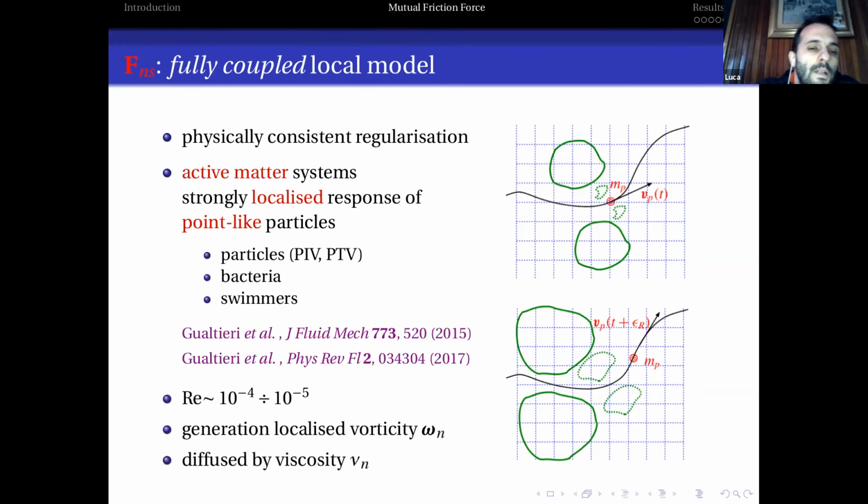As we have seen, the Reynolds number is very small, and the main physical phenomenon on which it is based is the fact that the localized vorticity generated by the moving vortices is then diffused by viscosity, in a natural way, without introducing any arbitrary numerical technique.